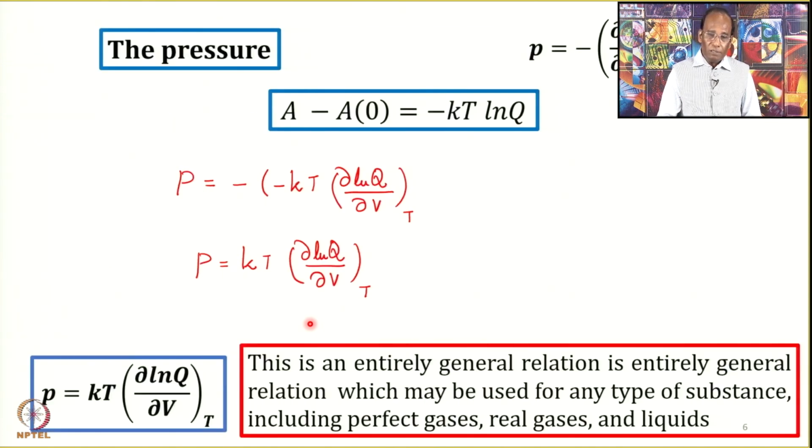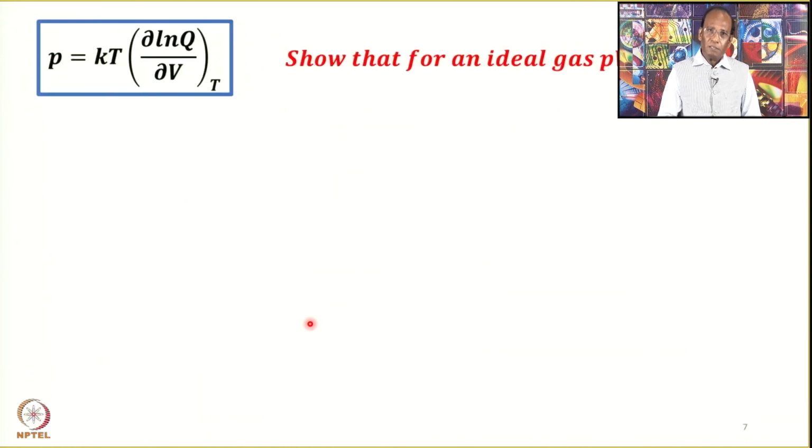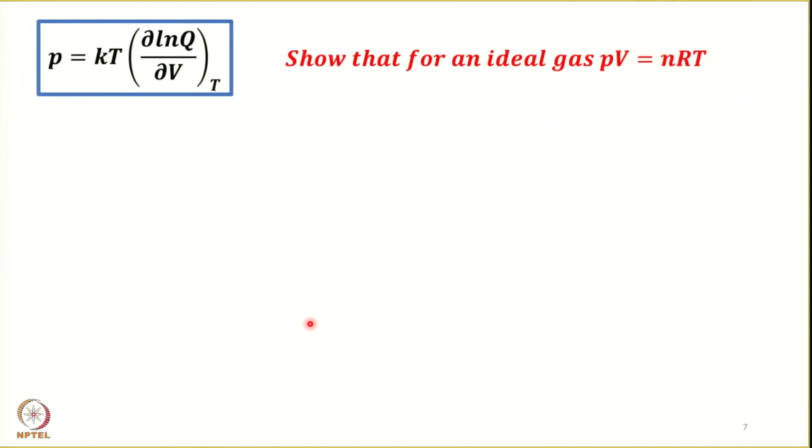All right. Now, let us apply the derived expression in showing that for an ideal gas, PV is equal to nRT. When we talk about an ideal gas, let us take the example of monatomic perfect gases. When you want to derive an expression, it is always better to start with a very simple system.